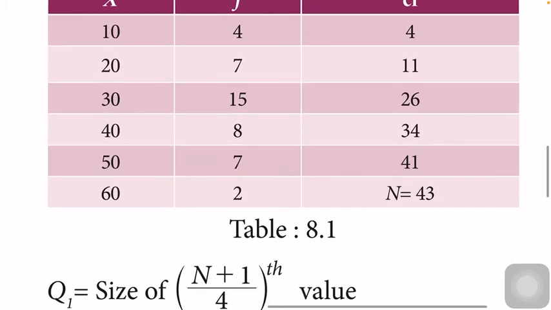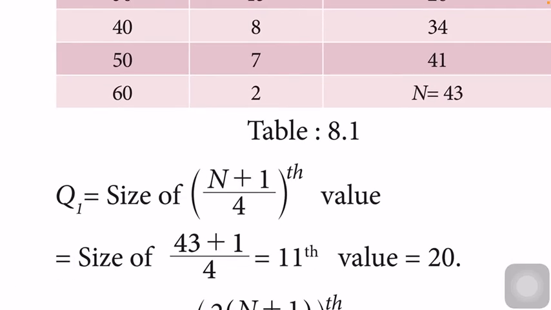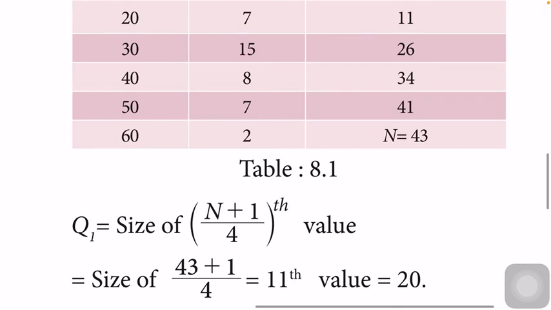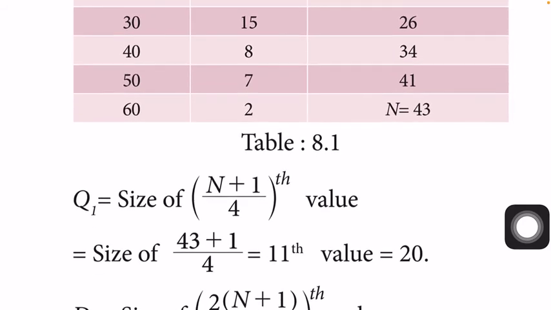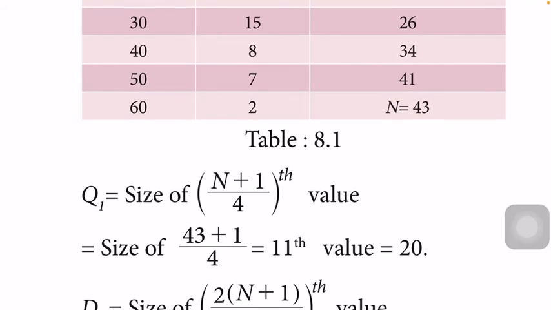Okay. So, now we have to find Q1. Q1 is size of (N plus 1) by 4th value, capital N. For ungrouped data, we use small n, but for grouped data, we should use capital N. So, capital N is 43. 43 plus 1 divided by 4. 43 plus 1 is 44. 44 divided by 4, you get 11.